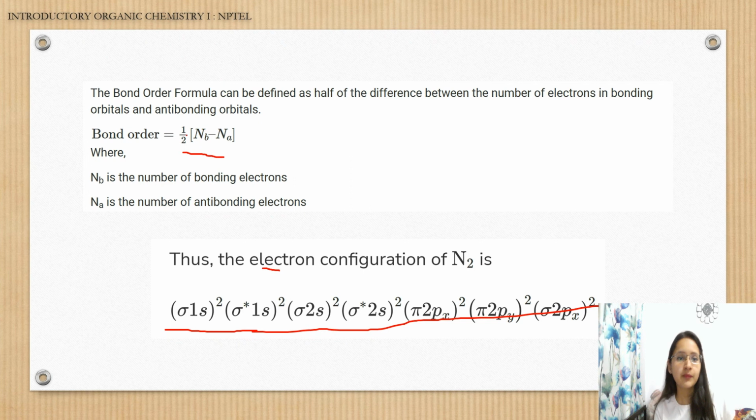Now they are asking what is the bond order. Guys, you have seen the basic formula for bond order and how we calculate it. How many bonding electrons are present in the N2 configuration?